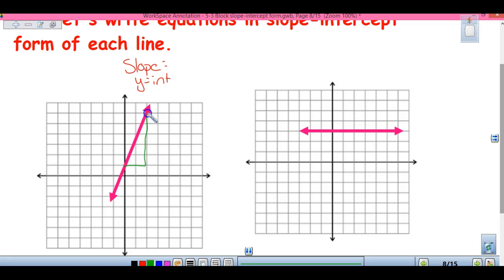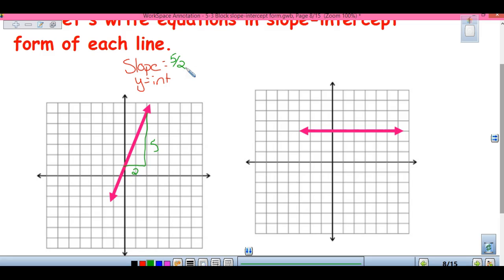Let's do it like this. What's my rise? 5. What's my run? 2. So my slope is 5 over 2, because rise over run.